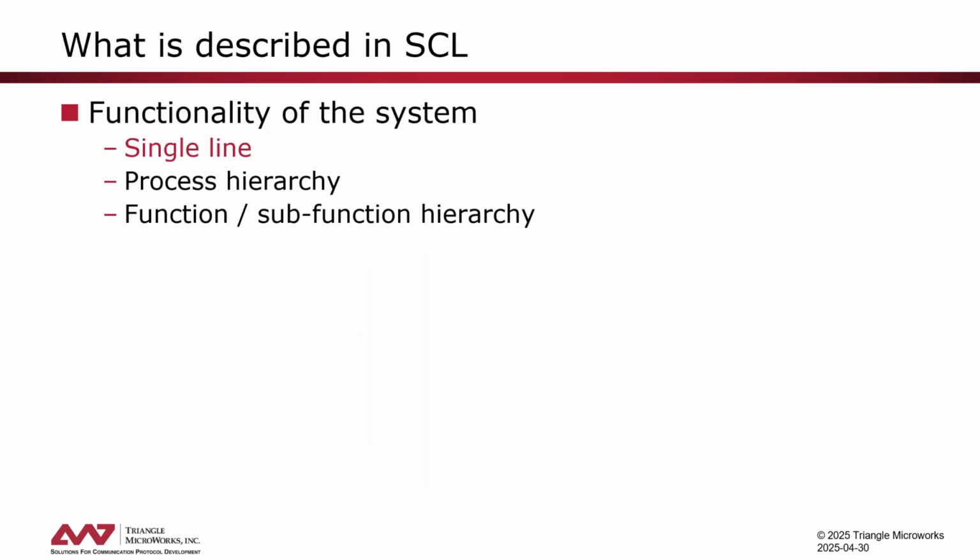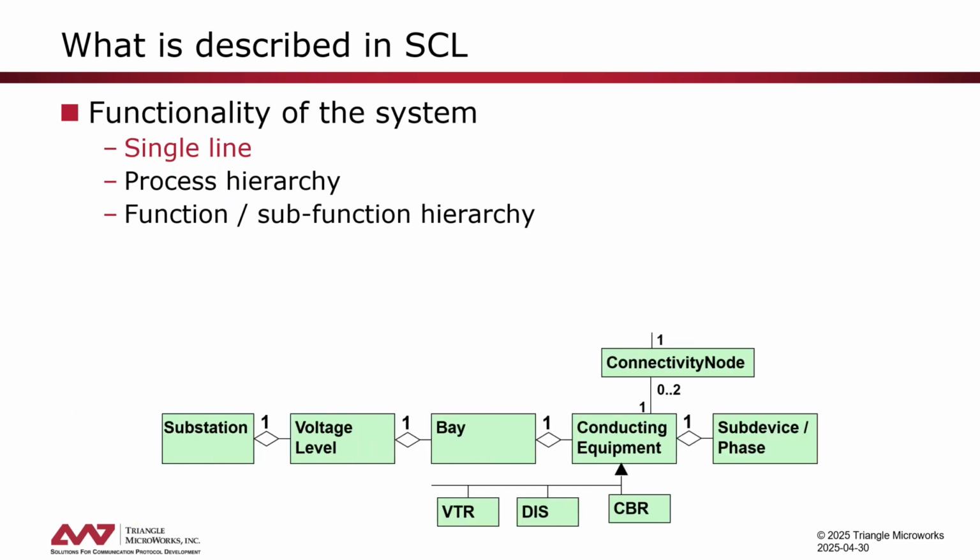The complete model behind this system configuration language has multiple levels. We have one level where we describe the system itself, which means the substation with the different voltage levels, the bay, conducting equipment like breakers or measurement transformers, power transformers. And we can also describe the topology, how this conducting equipment is connected to each other through the connectivity node.